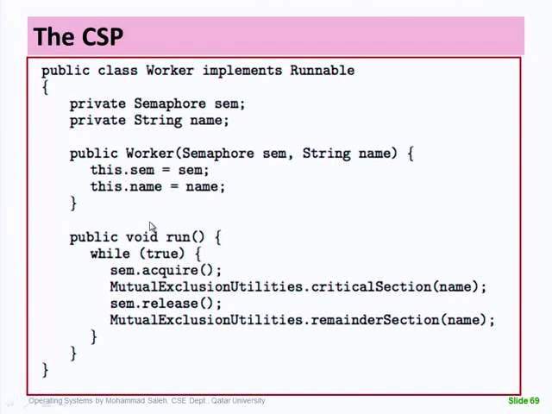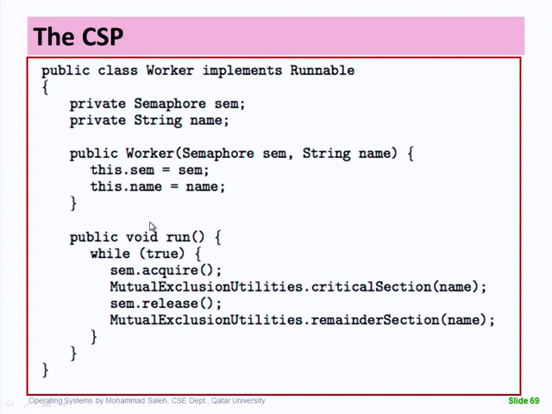So what can we do then? We can use a semaphore, okay? In our main application, we create a semaphore with the value 1, a binary semaphore. Whenever we create a worker thread, we send that semaphore to it. So all the workers share one binary semaphore that implements the locking mechanism for the critical section.